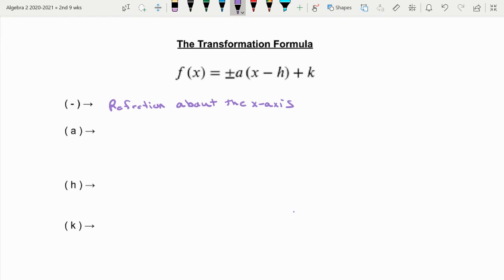First of all, the a is a dilation. And we've seen dilations in geometry. That's where shapes were bigger and smaller based on a scale factor. And it's very similar here. But what we have is something called vertical stretch and vertical compression.